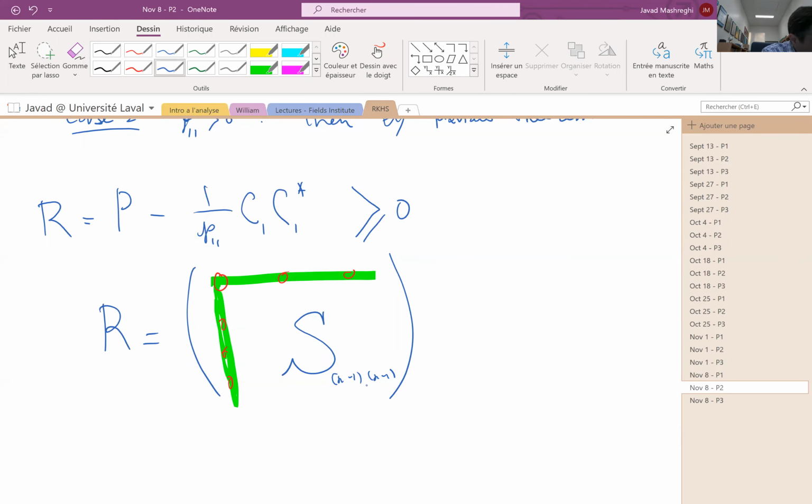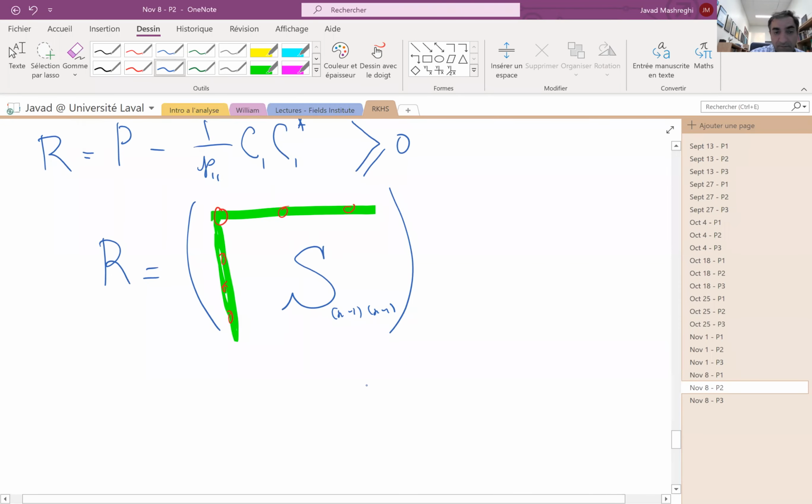So by induction, there is L1. It's not the same L1 as before, but it's okay.